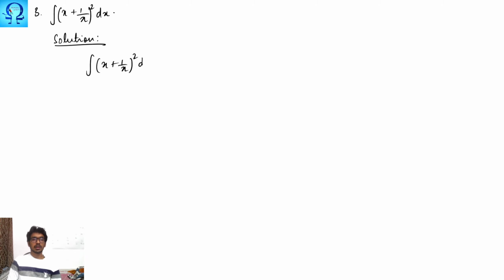Let us go to the next problem. Integral of (x + 1/x)^2 dx, right? So let us start the solution. Using the (a + b)^2 formula, (x + 1/x)^2 shall be written as x^2 + 2ab + b^2.